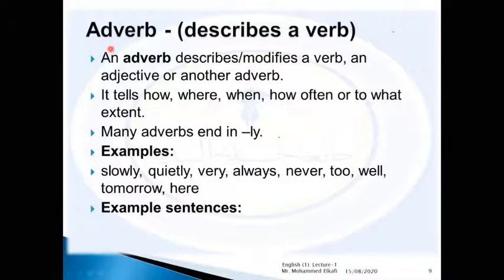So let's take some examples for adverbs in a sentence. When you say, "I am usually busy," usually is used in this sentence as an adverb.